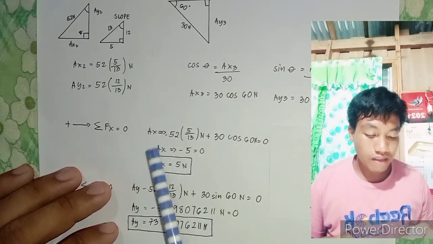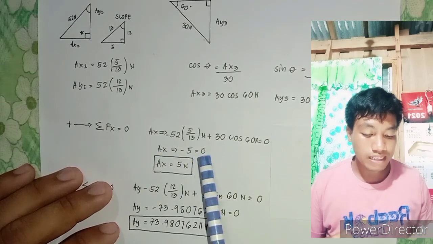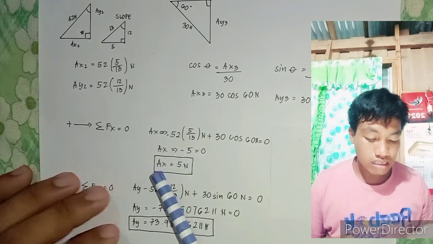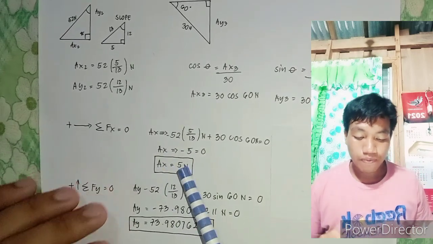AX minus 5 is equal to 0. Moving the 0 to the other side, AX is equal to 5 Newton.